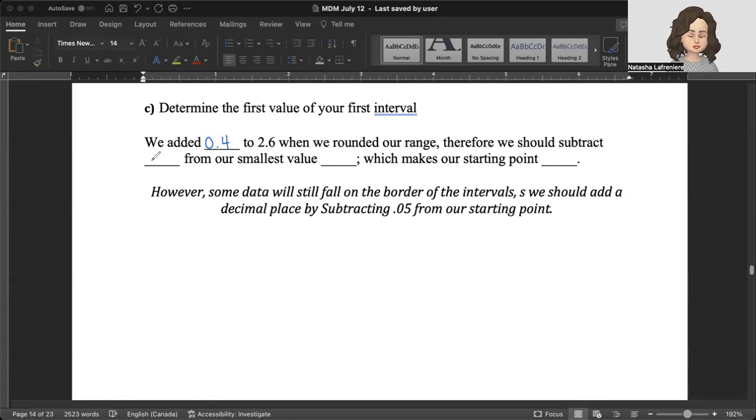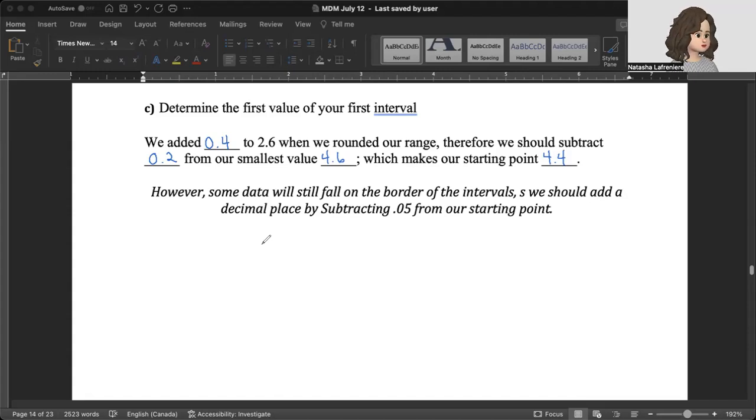Therefore, we should subtract 0.2 from our smallest value of 4.6, which makes our starting point 4.4. However, some data will still fall on the border of the intervals. So we should add a decimal place by subtracting 0.05 from our starting point.